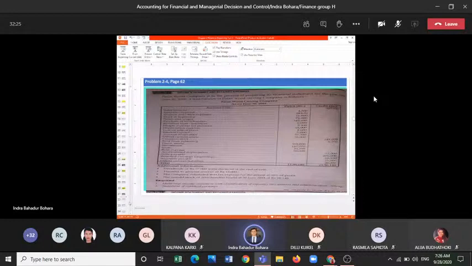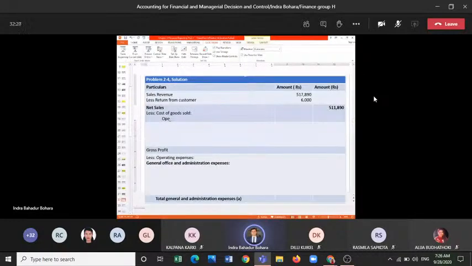You can show it inside the particular column or calculate it in the working note and directly deduct it from the sales. Opening stock is 16,800.